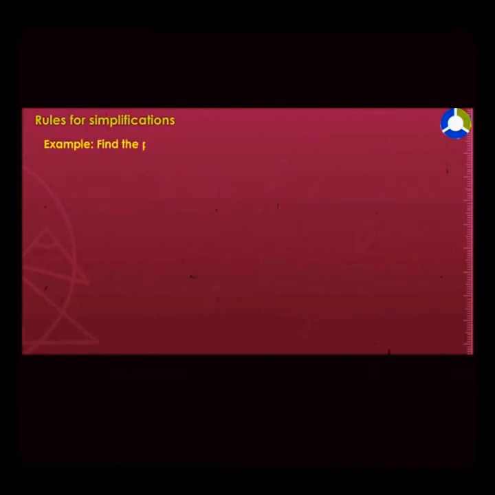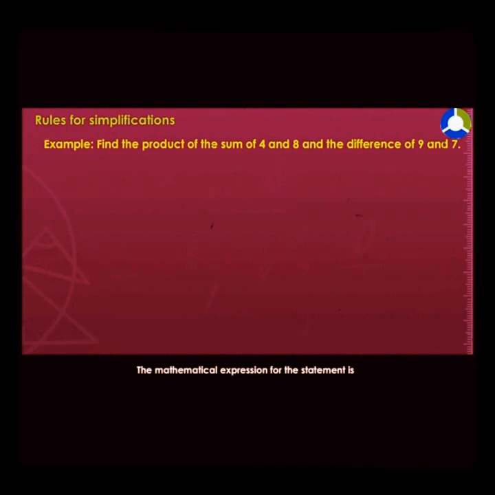Example, find the product of the sum of 4 and 8 and the difference of 9 and 7. The mathematical expression for this statement is open bracket 4 plus 8 close bracket multiplied by open bracket 9 minus 7 close bracket. Here the operation in the brackets is to be done first.